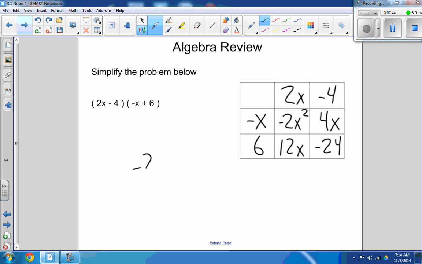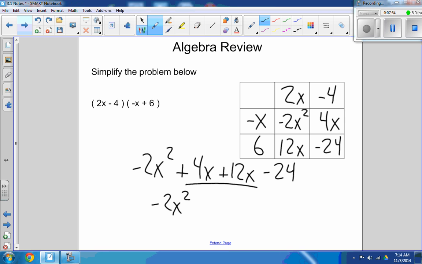So I get negative 2x squared plus 4x plus 12x minus 24. Combine like terms: negative 2x squared plus 16x minus 24. And there we go. That is the end of this lesson.